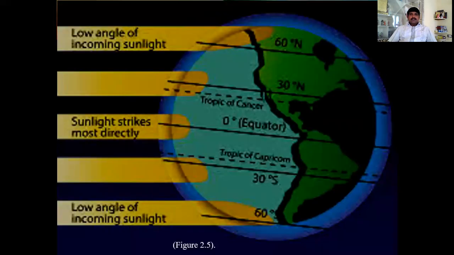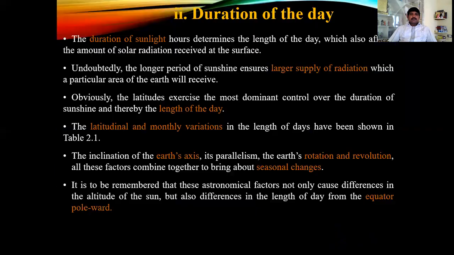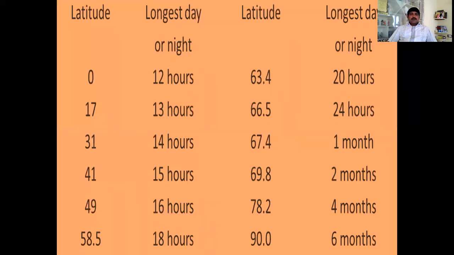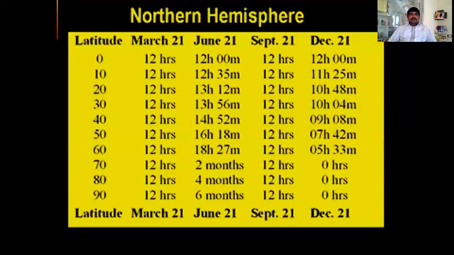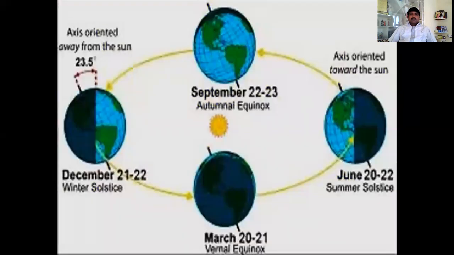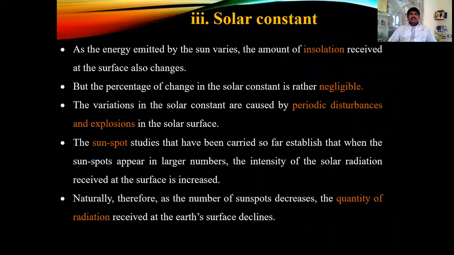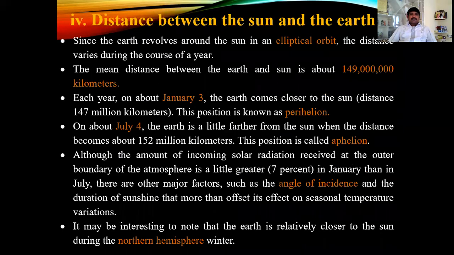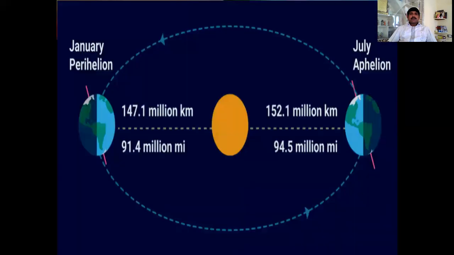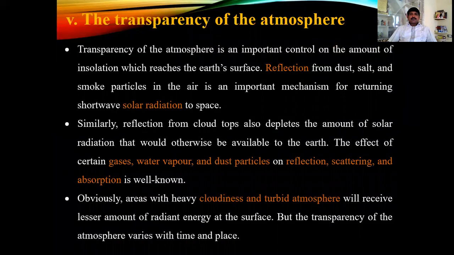These slides, the pictures, disclose the angle of incidence, and this table discloses the duration of the day, and this discloses the duration of the day during the equinoxes. The third is the solar constant, the fourth factor is the distance between the sun and earth, and the fifth is the transparency of the atmosphere.